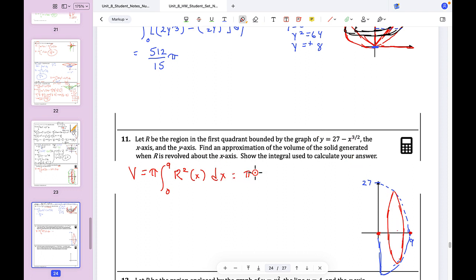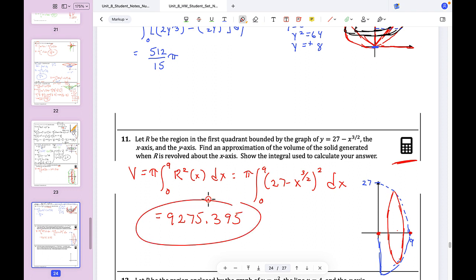So this comes out to be pi times the integral from 0 to 9 of 27 minus x to the 3/2 squared dx. We're using our calculator, so this comes out to 9,275.395.